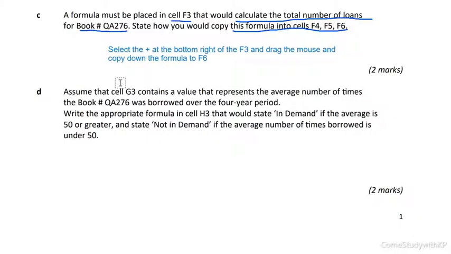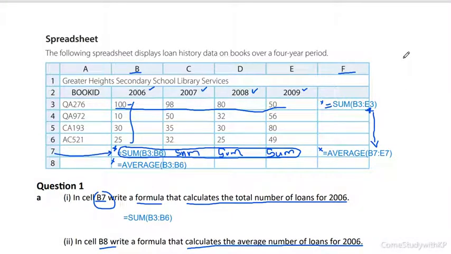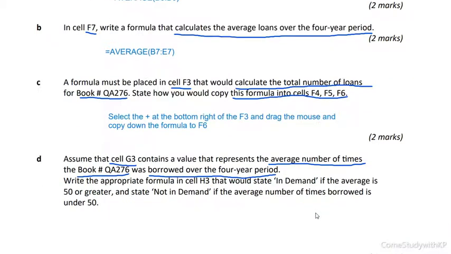Assume that cell G3 contains a value that represents the average number of times book QA 276 was borrowed over the 4-year period. G is not on this spreadsheet, so we're going to pretend that G is here, and G3 would be right here.